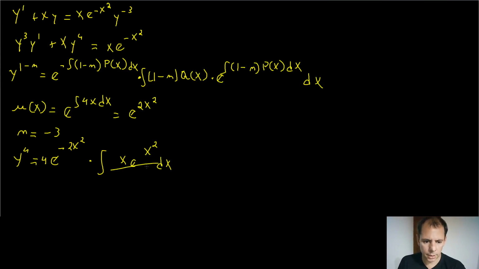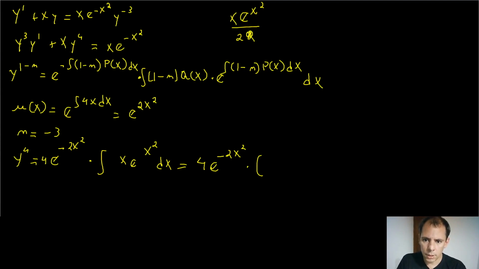I'm going to integrate, and this is going to be equal to 4 e to the minus 2x squared times the integral. Now let's integrate this. It's going to be e to the x squared divided by this function, 2x. And you do have an x in here, so this x is this x.